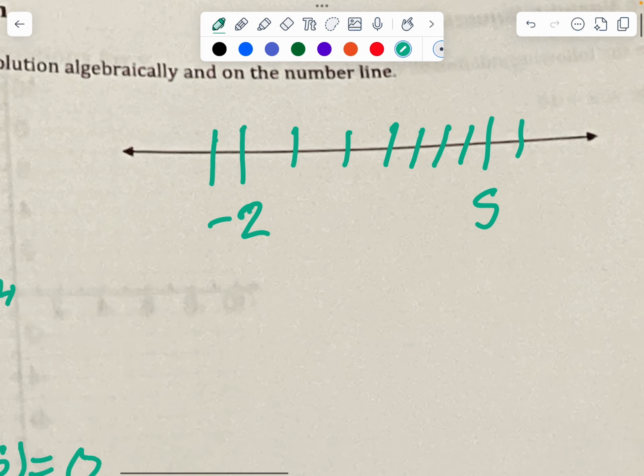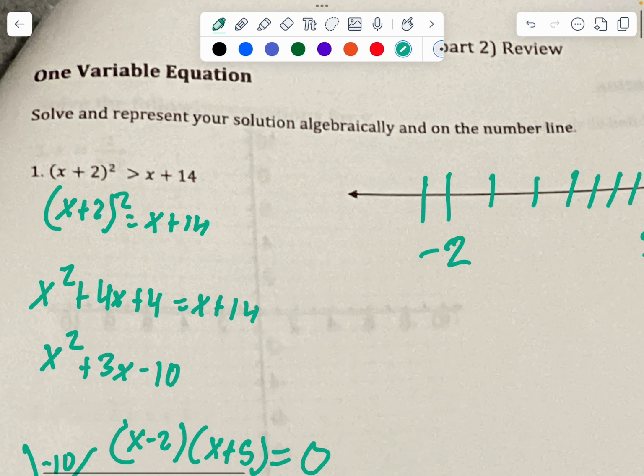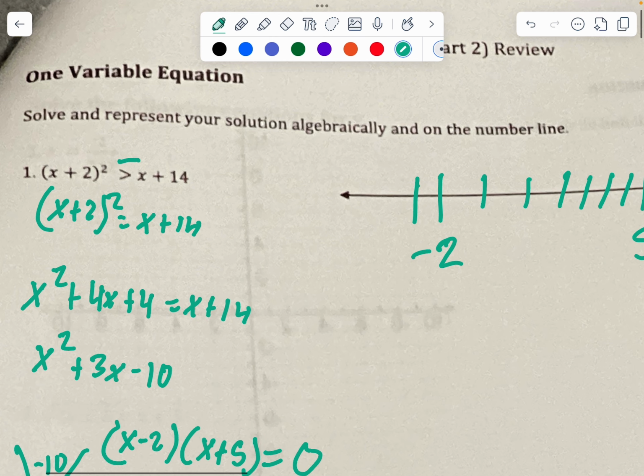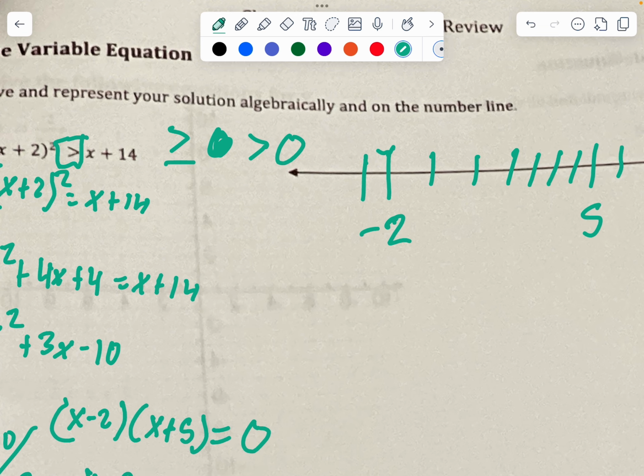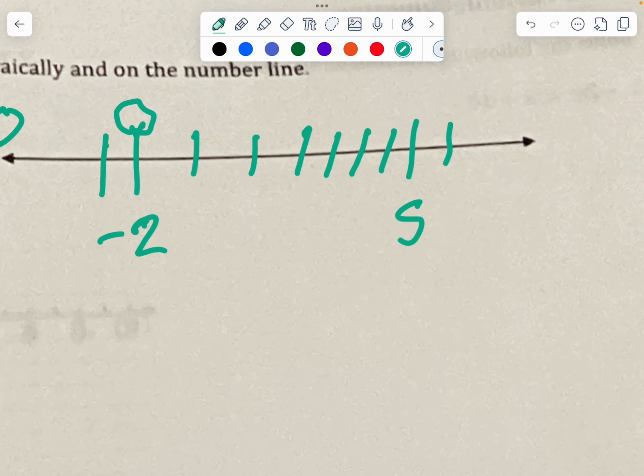Alright, so now we take this right here. If it's like this, it's going to be a filled in circle. If it's just like this, it's going to be an open circle. So we put an open circle at negative 2 and 5.